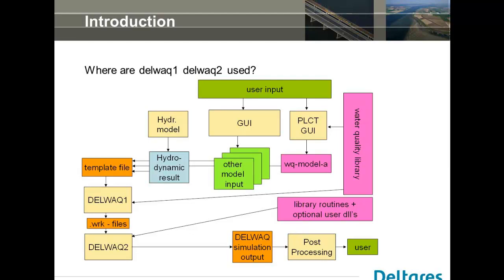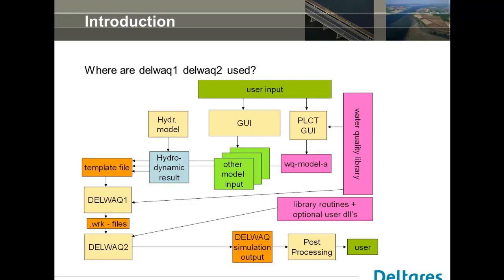Where are DELWAQ 1 and 2 used in the process of your modeling? I don't know if you can see the mouse, but on the right side you see the water quality library from which you select the processes and substances you want using the so-called PLCT. The next webinar will focus more on what you can do with the PLCT.